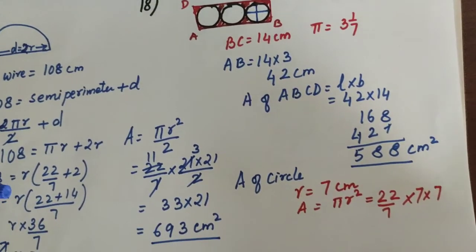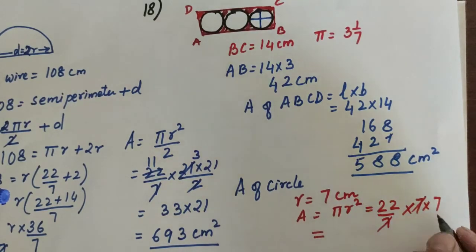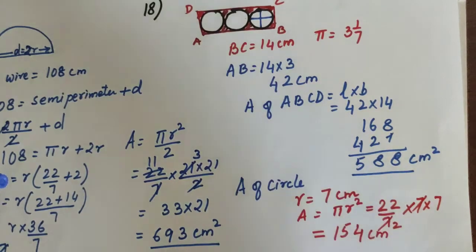This is what is your area. So the area we calculate here is 154 centimeter square is area of one circle.